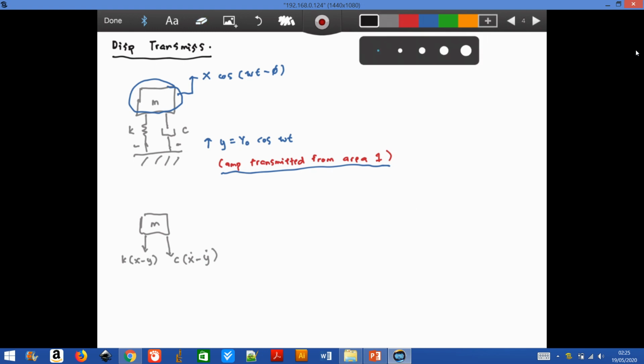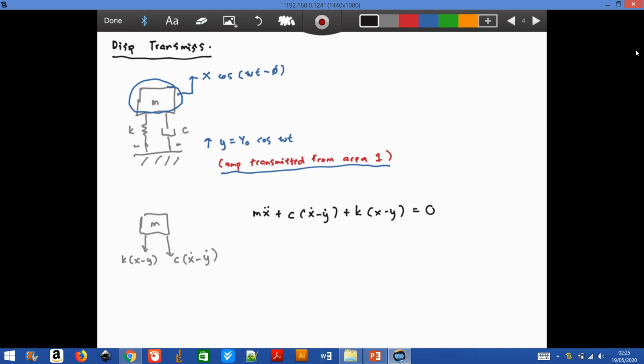So the equation of motion would become m x double dot plus c(x dot minus y dot) plus k(x minus y) equals 0.